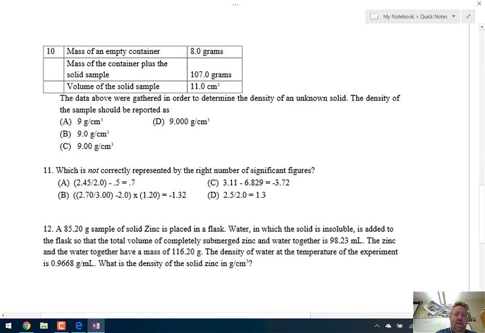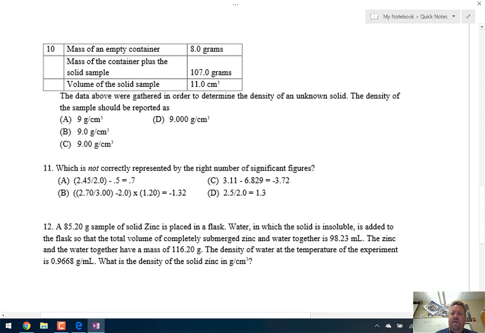Okay, number 10. Very similar to number 9. Same idea here. You'll notice that every single answer is the same. The only question is how many significant figures go in your final answer. So the first thing we're going to do, with the mass of the empty container and the mass of the container plus the solid, is figure out the mass of the solid. So I'm going to take 107.0 minus 8.0, and that's going to give me 99.